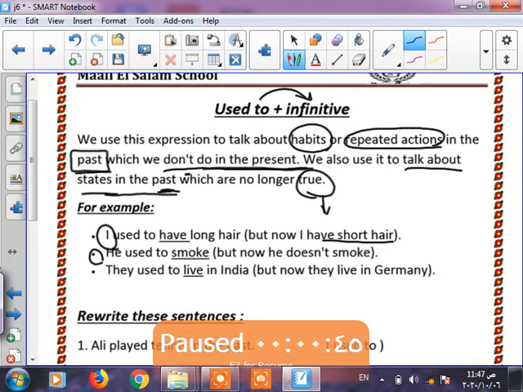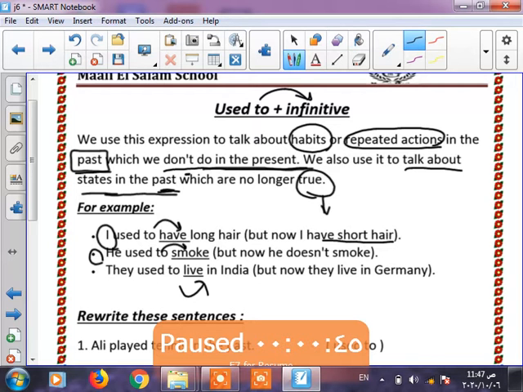So, when I need you to put used to here, I write Ali, and after that I write used to. Ali used to do what? Used to play. So after used to, I put the verb infinitive.